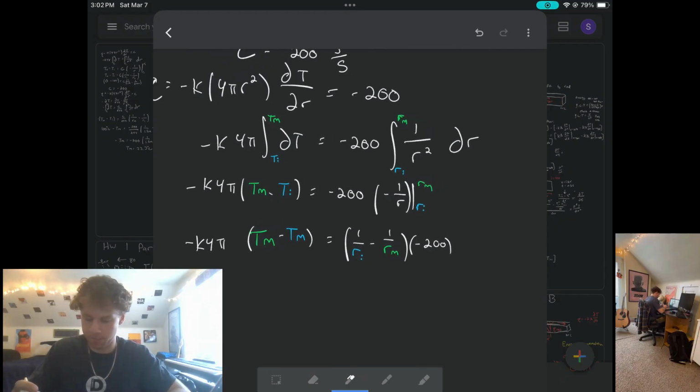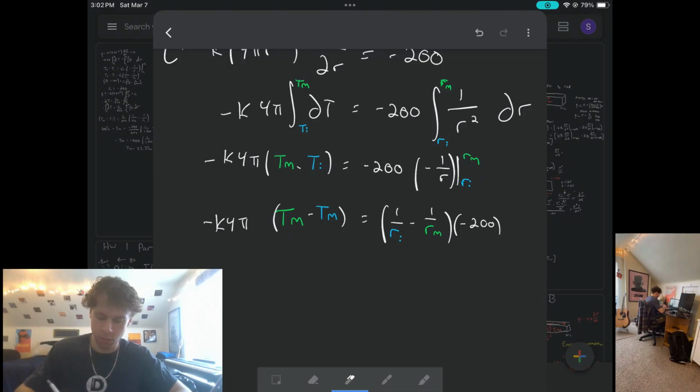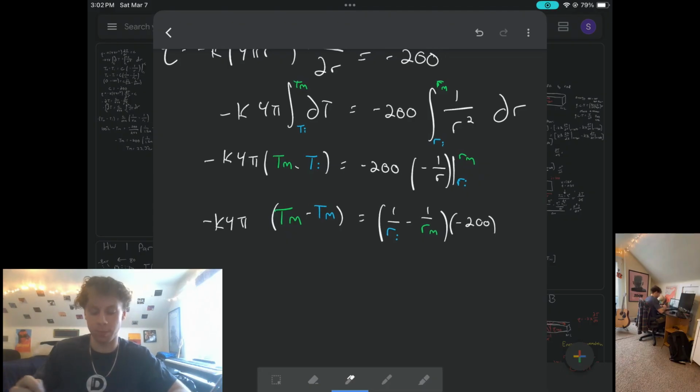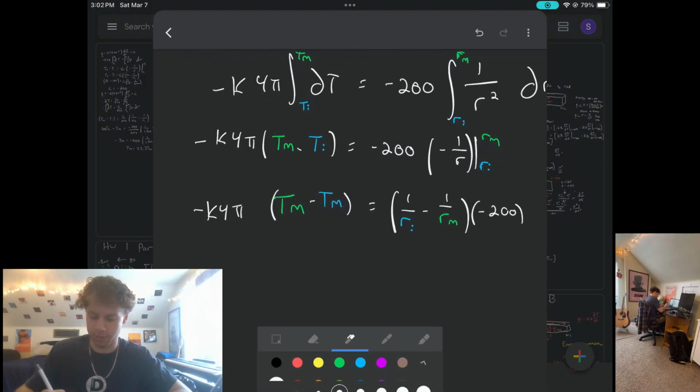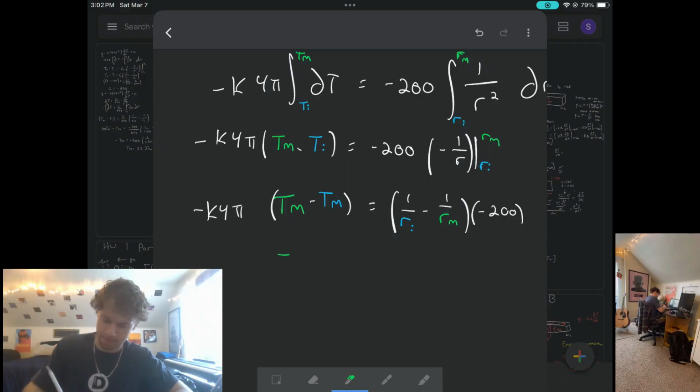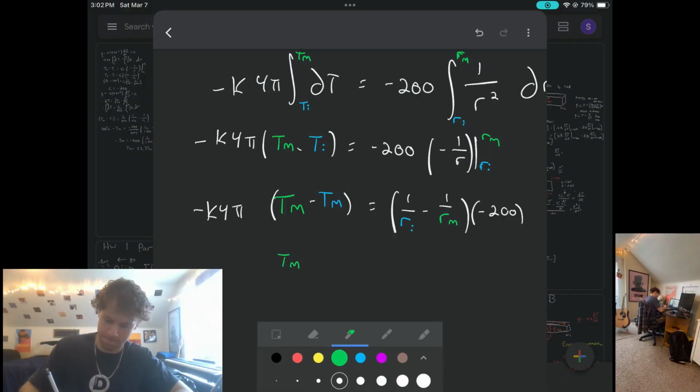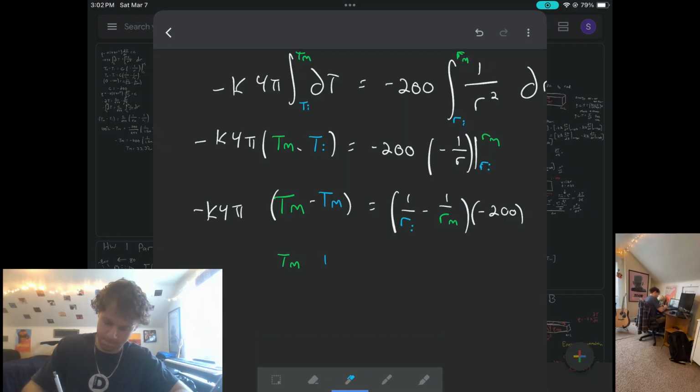Okay, so we'll move our thermal conductivity term to our right side.